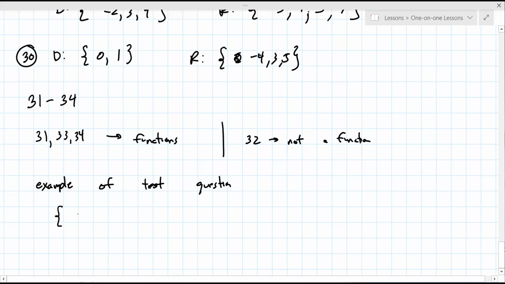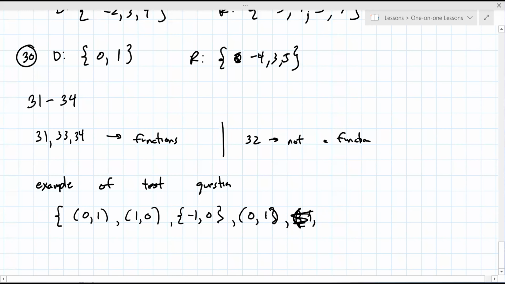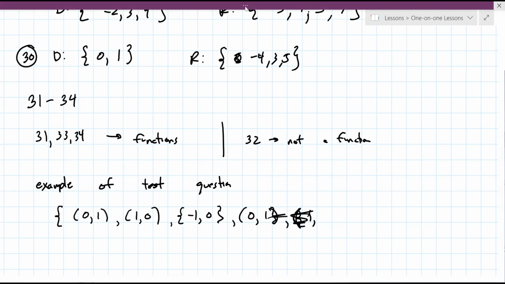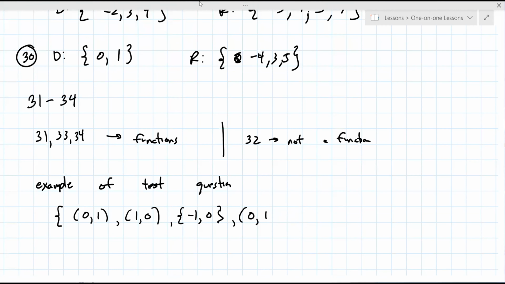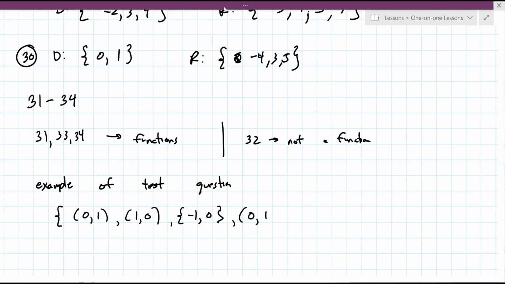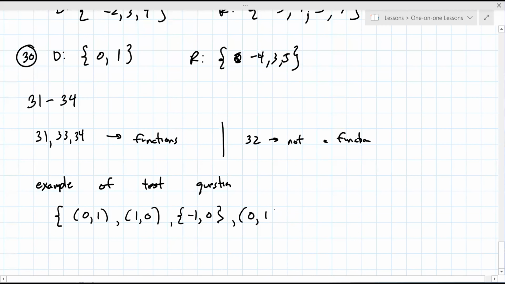So it would be like 0, 1; 1, 0; -1, 0; 0, 1. Let me erase a few things here because this did not come out right. So something like this.